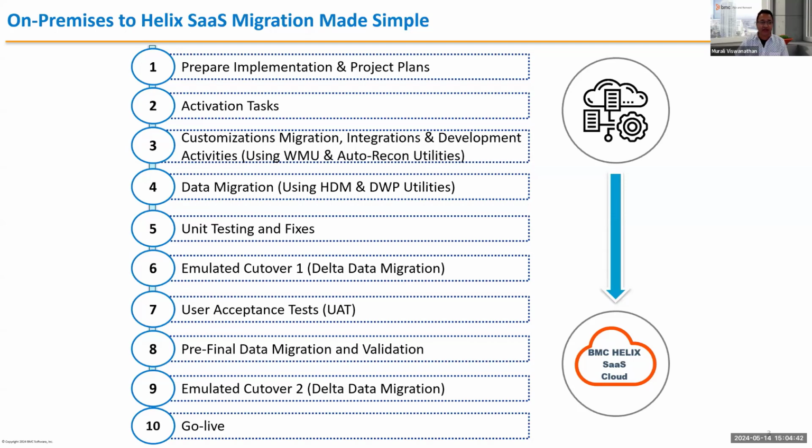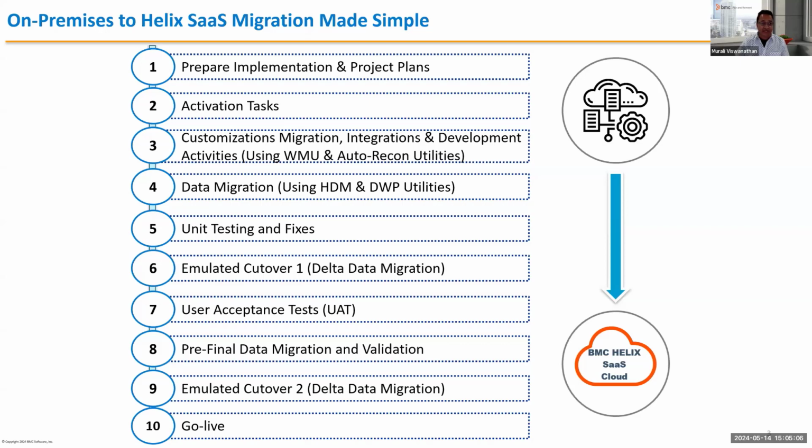Then we will cover data migration using our Helix Data Manager, which covers most of our products like ITSM, Smart IT, DWP Catalog, and some Smart Reporting versions. We also have another utility to migrate DWP-specific data, called DWP Export Import. We'll touch base on those as well.